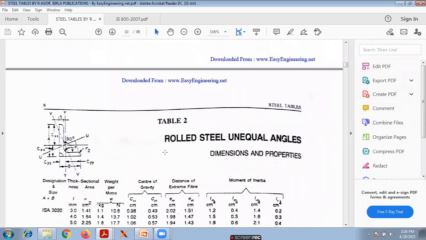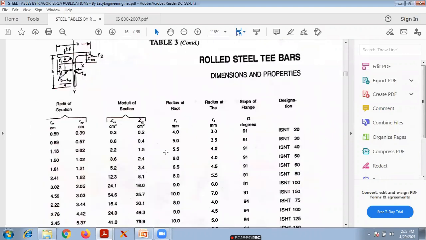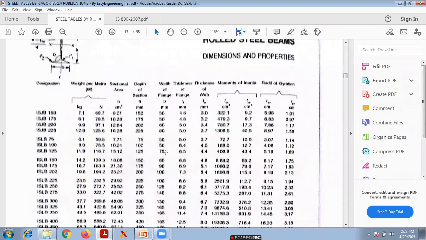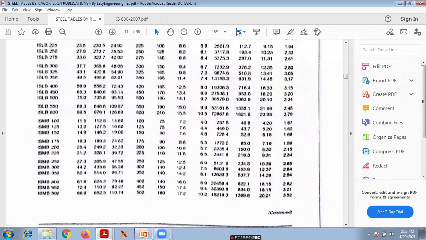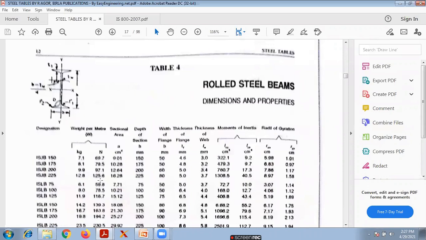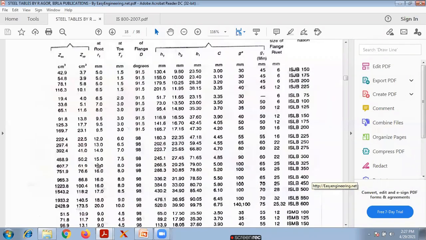So after that, unequal angles. Then next one ISNT, ISLT, ISJT, ISJP, and here ISMB is there. So ISMB 400. So if you observe in the page number 12 and also page number 13.